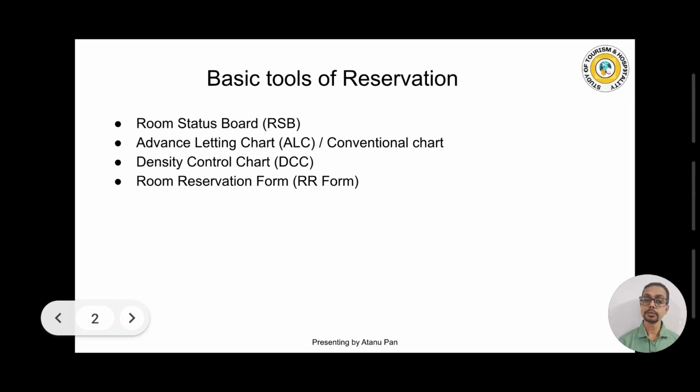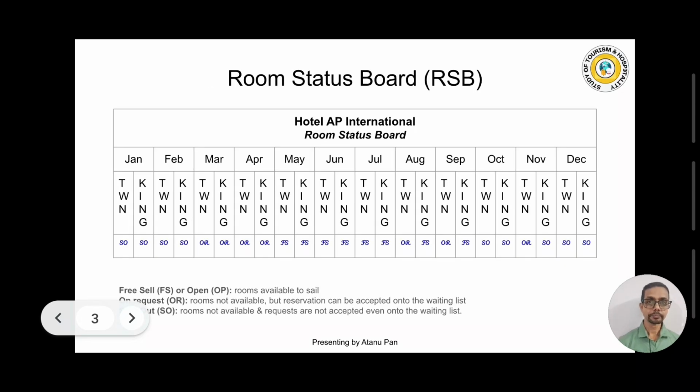They were used in earlier days when mostly the reservation was done manually, when there were no computers at that time. But room reservation forms are in use. Nowadays, few hotels use this RR form digitally, and some hotels still have those manual paper-based forms. So let's go ahead and learn about these different tools.